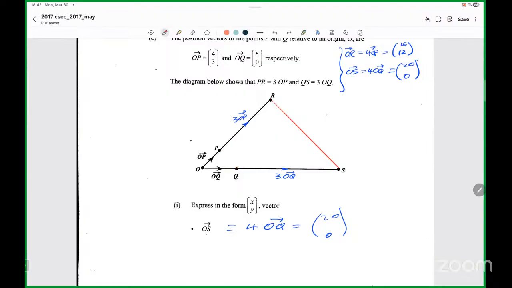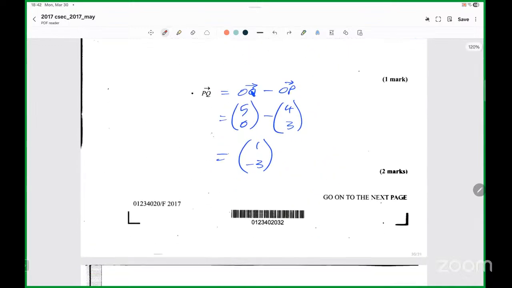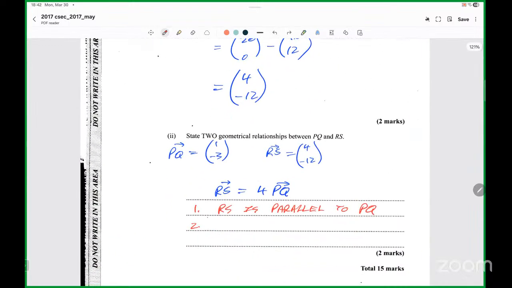And then parallel. See? Those two vectors are parallel, and RS is 4 times as long as PQ. You're seeing it in the numbers down here too. This is 4 times that. So they want two relationships. One, that they're parallel. Second, state how long one is compared to the next.